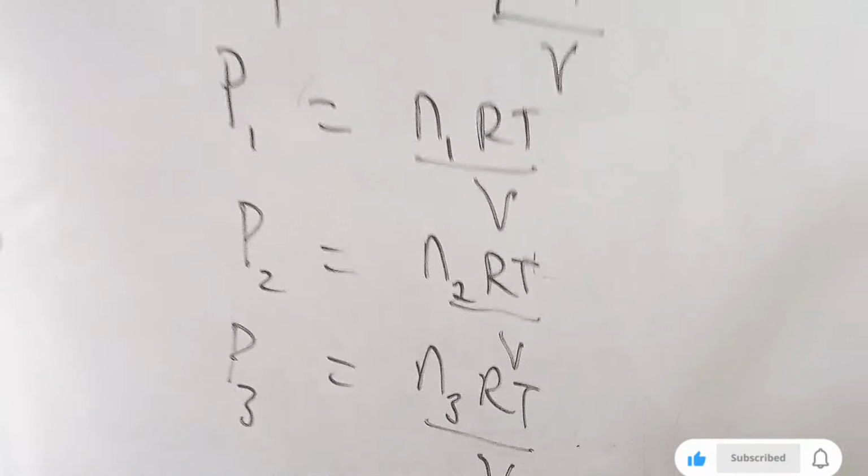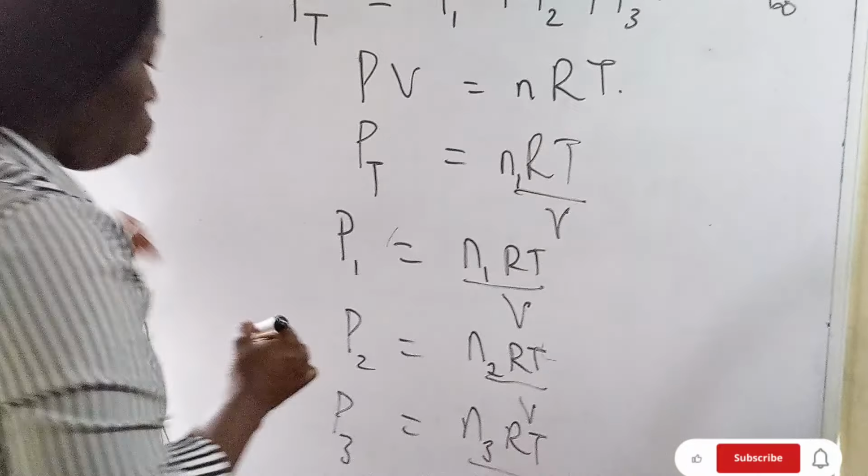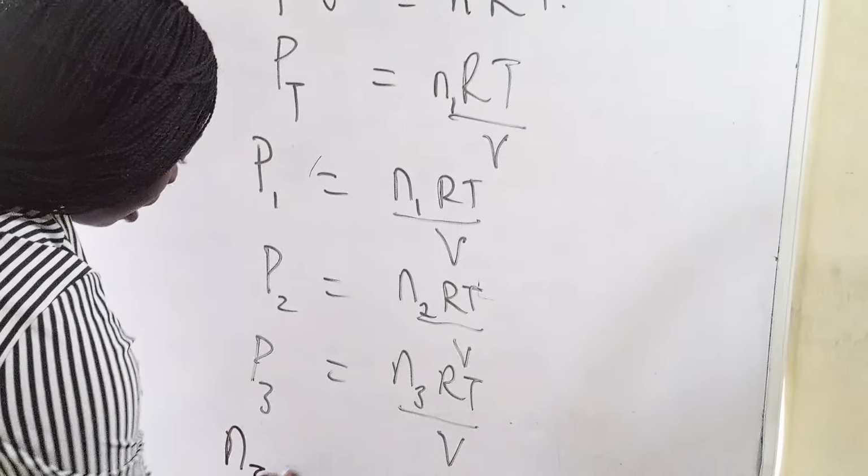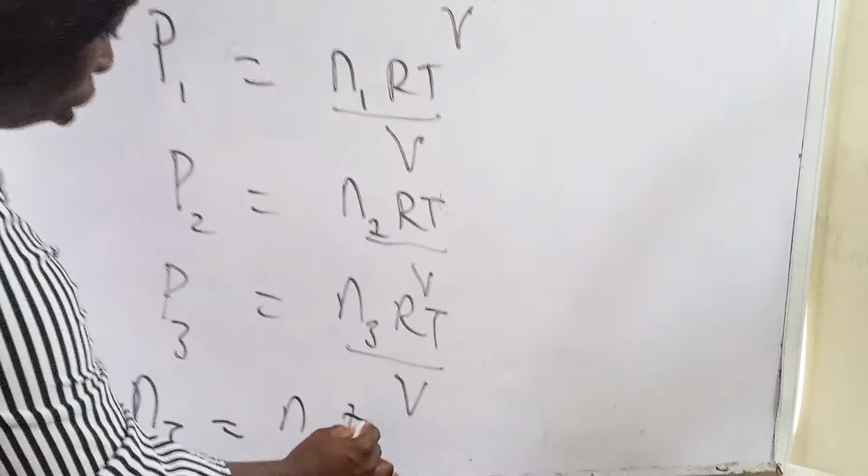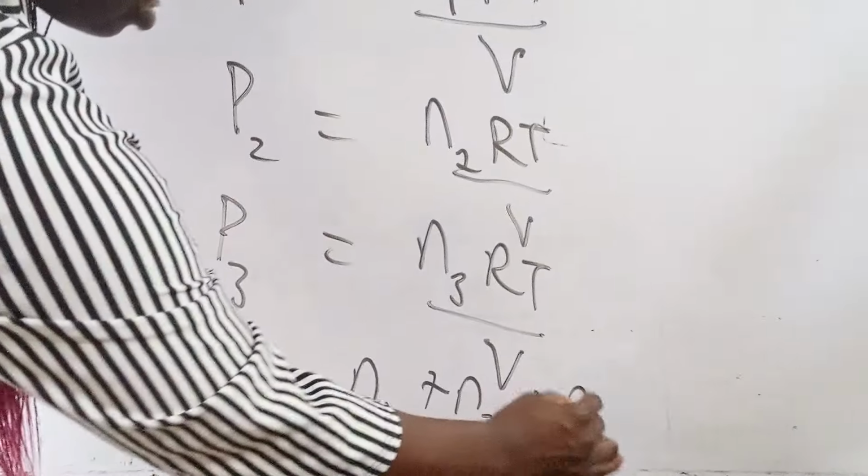Therefore, the sum of the number of moles of each of the gases will be NT equals N1 plus N2 plus N3.